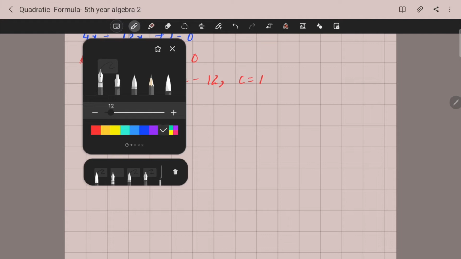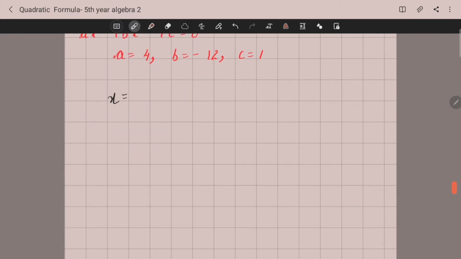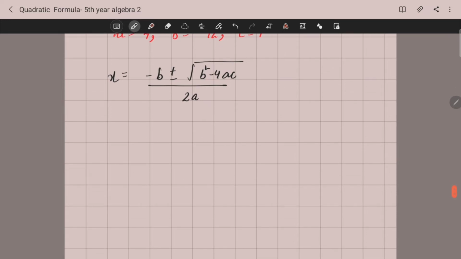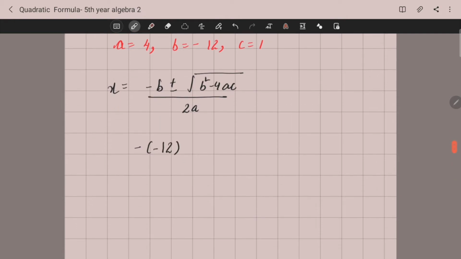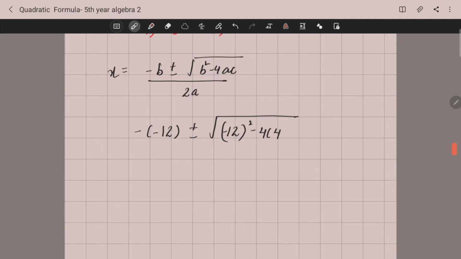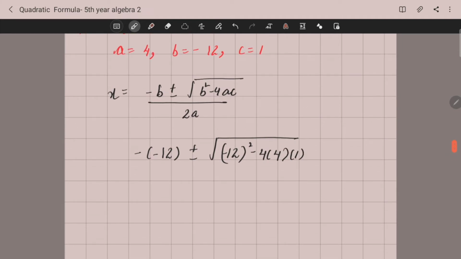We'll apply the formula, it's minus b plus minus square root of b square minus 4ac over 2a. Now we will put the values. b is minus 12, plus minus square root of minus 12 square minus 4, a is 4, and c is 1, over 2a.